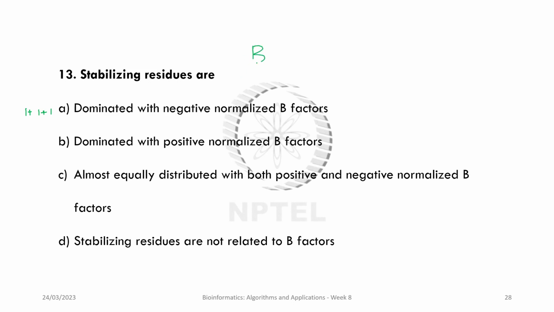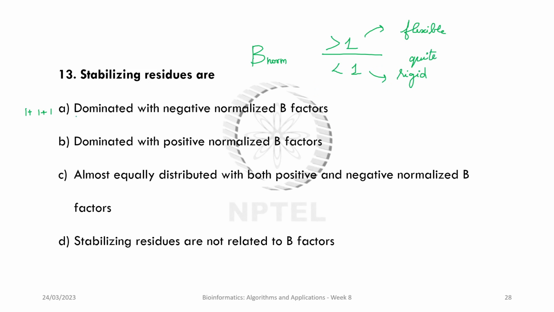So when you have normalized B factor, if it is greater than 1, what does that mean? If it is less than 1, what does that mean? So when it is greater than 1, it means that the residue is flexible. Less than 1 means it is almost rigid, quite rigid, right?